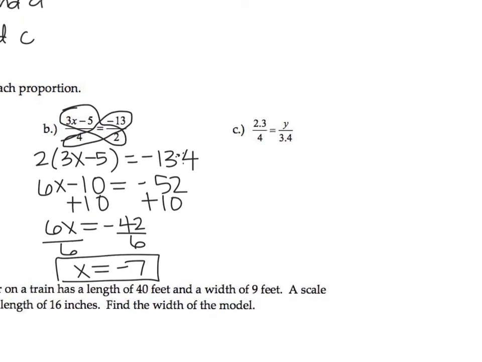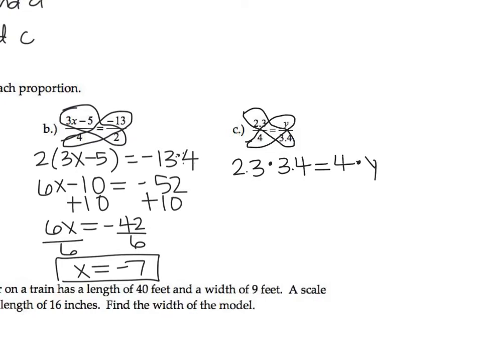Our last example, 2.3 over 4 equals y over 3.4. So we're going to cross multiply to solve for our value of y. So we have to do multiplication of our extremes, 2.3 times 3.4 equals the multiplication of our means. So that would be 4 times y.